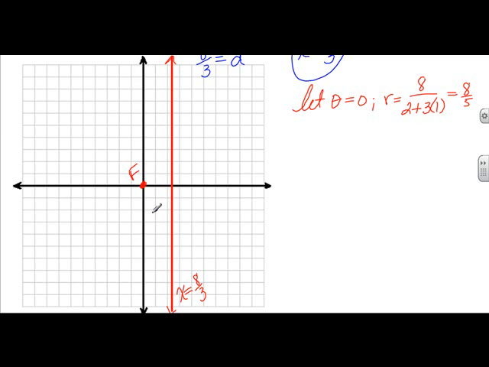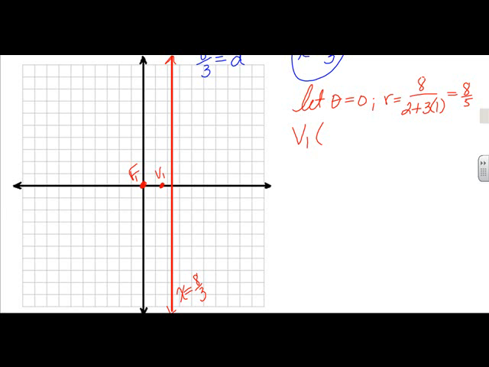So maybe this is our vertex right here, V1. Since that is on the x-axis, the rectangular coordinates for that vertex are 8/5, 0.